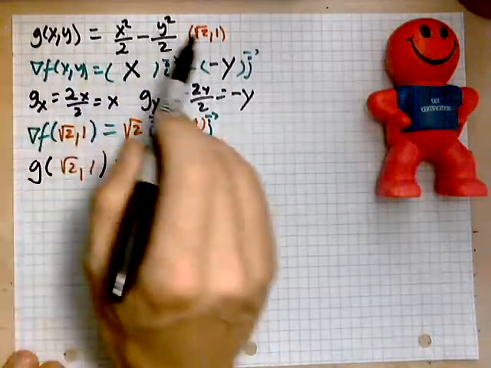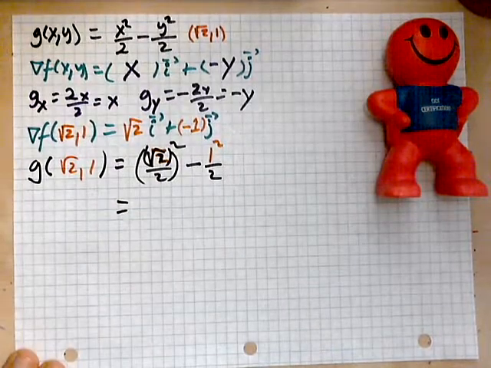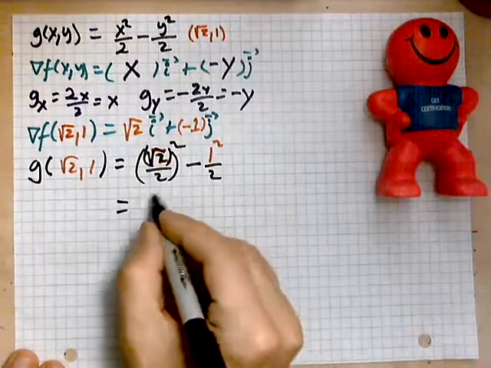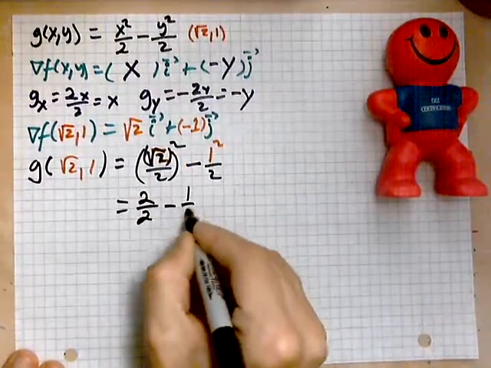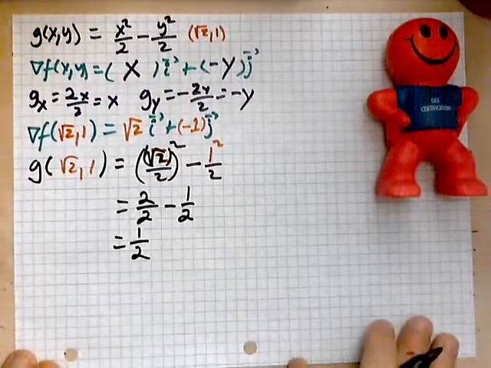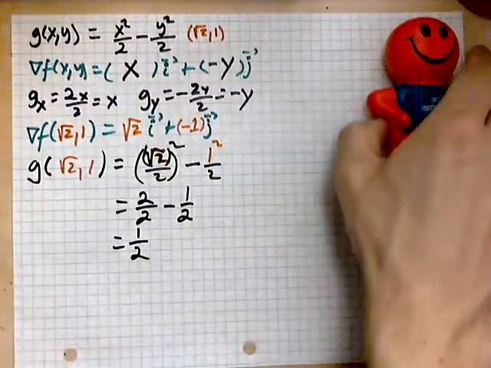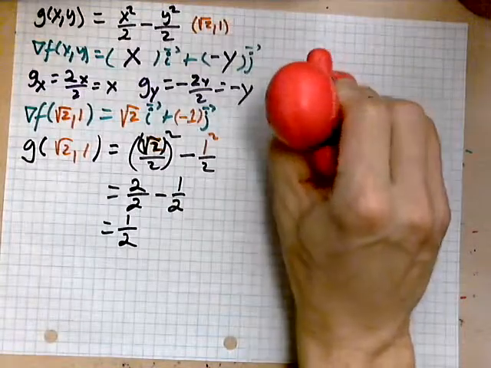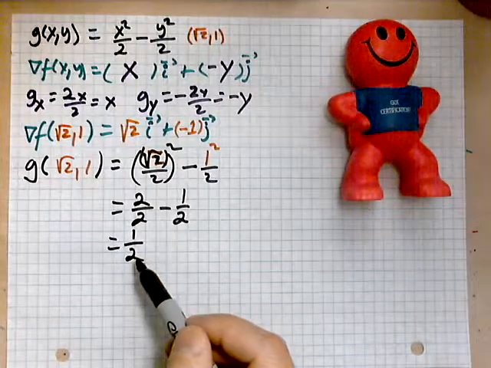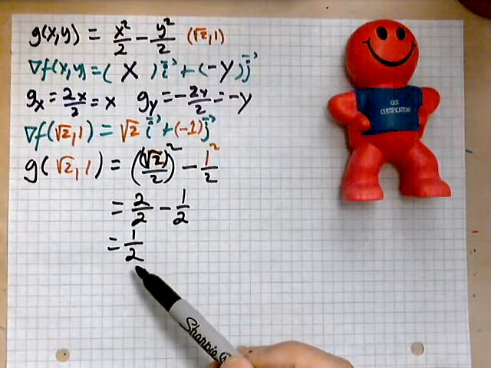All we are doing is evaluating the function at the point root 2 comma 1. Let's simplify. Root 2 squared is just 2, so you have 2 over 2 minus 1 over 2, which is the same as 1 over 2. So the value of the function at the point root 2 comma 1 is equal to 1/2.